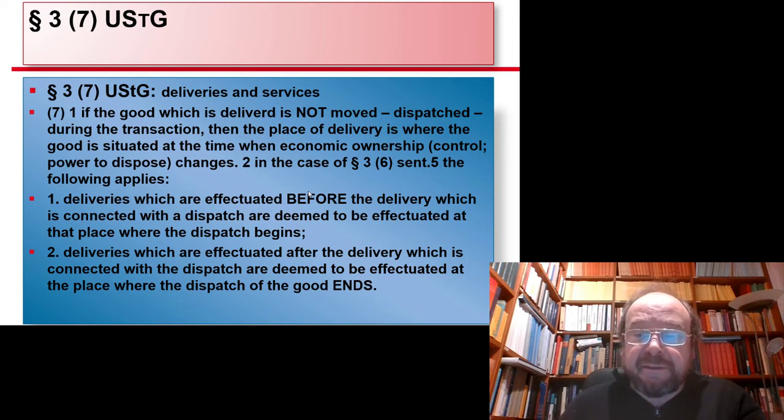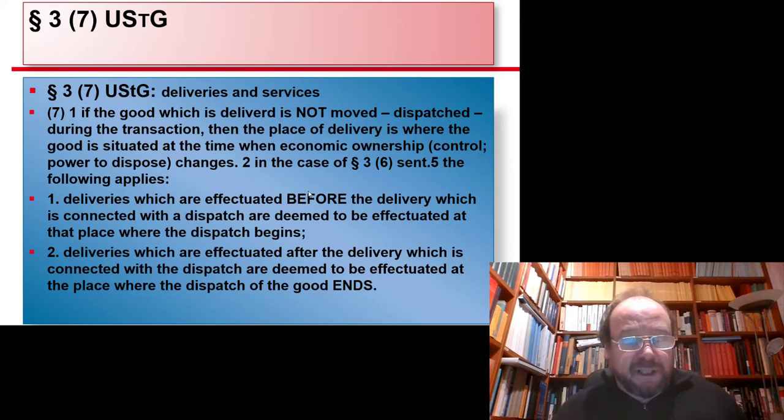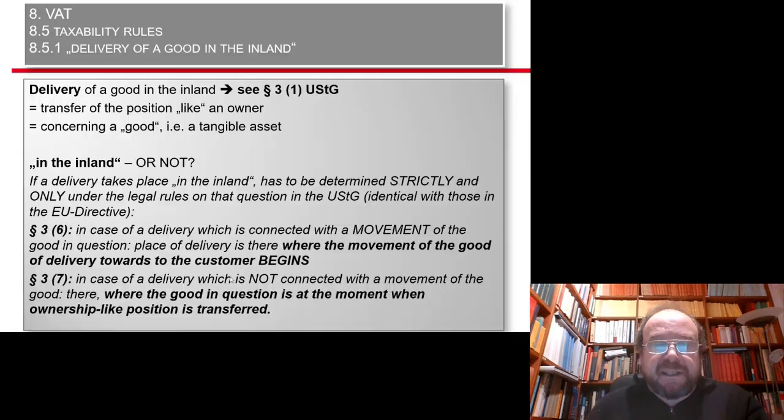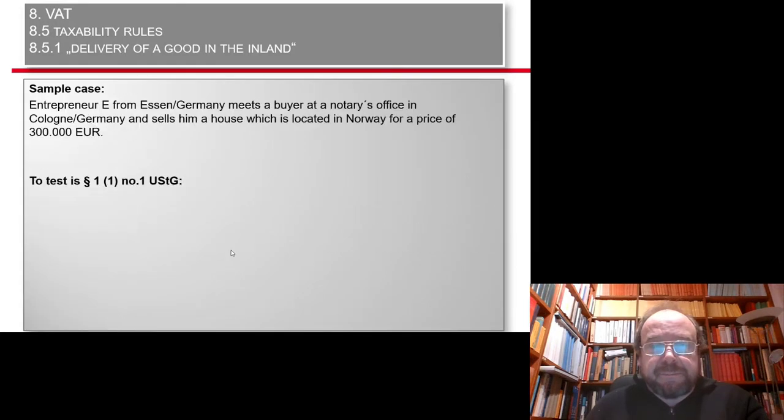Sentence 2 then deals with some special cases which are not of relevance for us at the moment and not relevant for beginners. So let's have a look at a sample case.